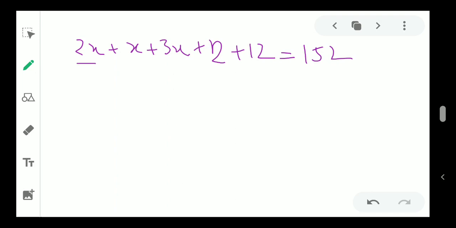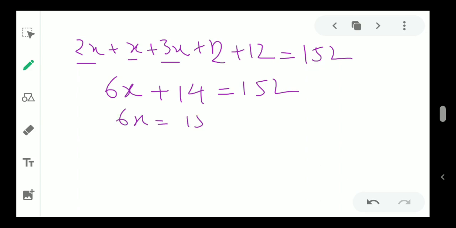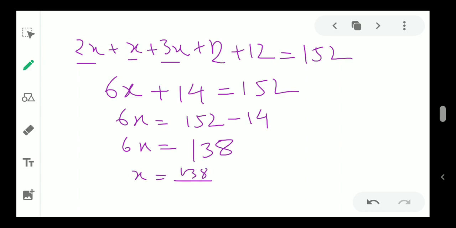So 2x plus x plus 3x, that is 6x total, plus 2 and 12, 14, 152. 6x equal to 152 minus 14, 6x equal to 138. I'm right? Yeah, I'm right. So x will be 138 by 6.